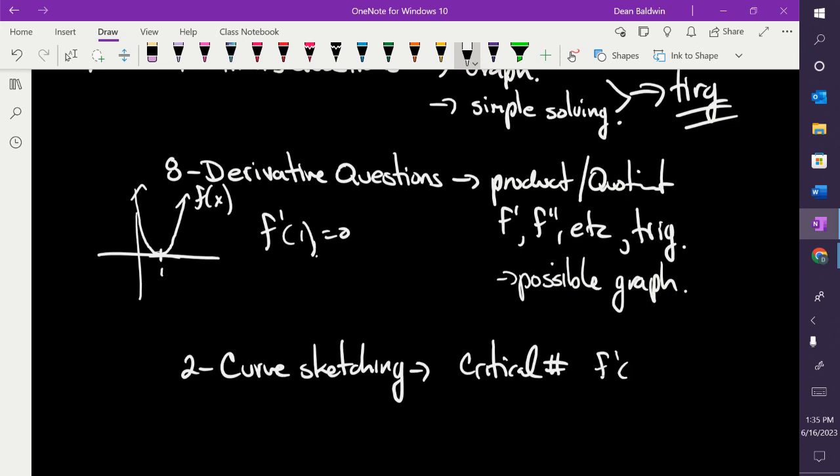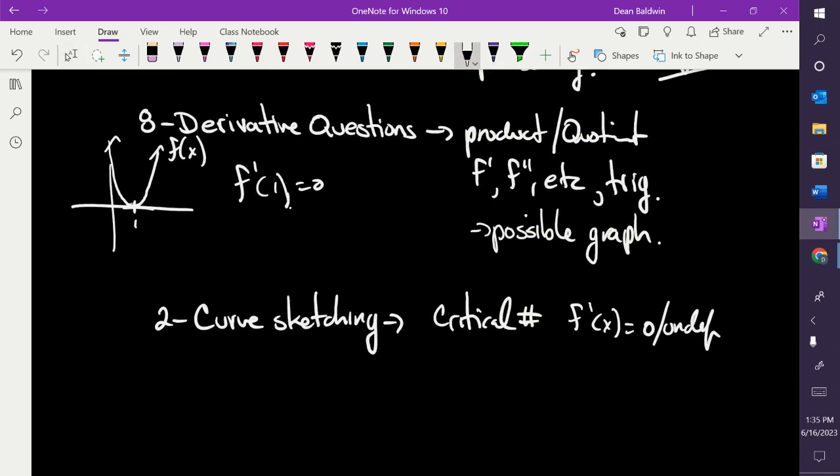Yeah, so f prime of x is equal to 0 or undefined. Concavity. So that's where the second derivative is equal to 0 or undefined. What do we call those? Yeah, PPOIs, or possible points of inflection, or just points of inflection.